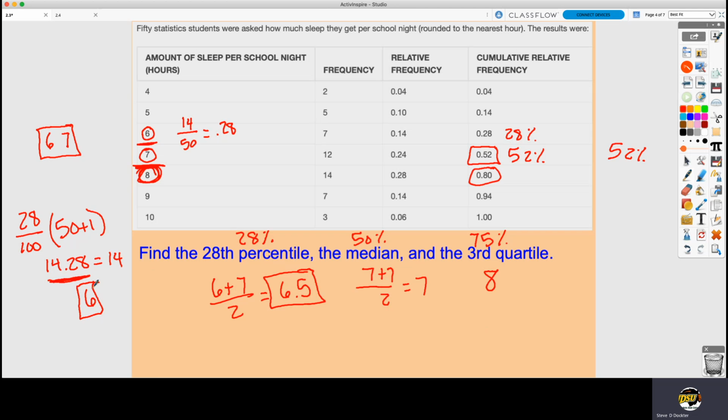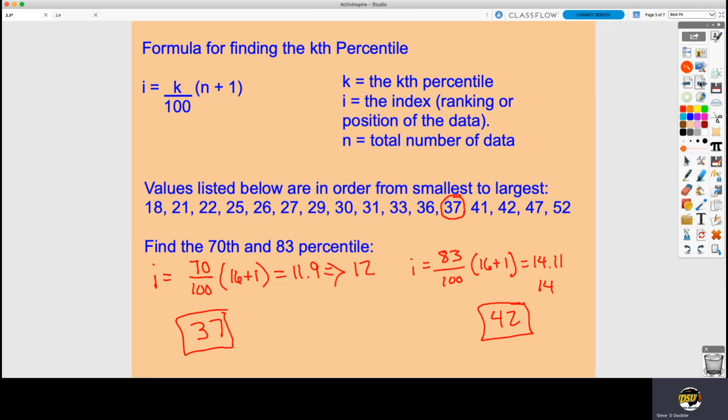I personally like the equation more, even though this is the first time I've used it in a really, really long time. Sometimes it can be super easy to find our numbers based on looking at a chart, but this equation works every time. So if you want to use the equation every single time, go right ahead.